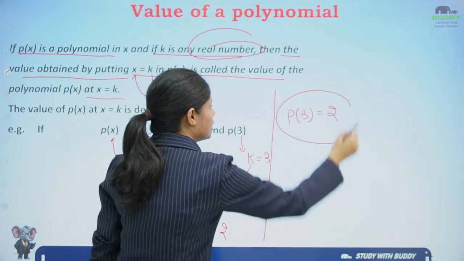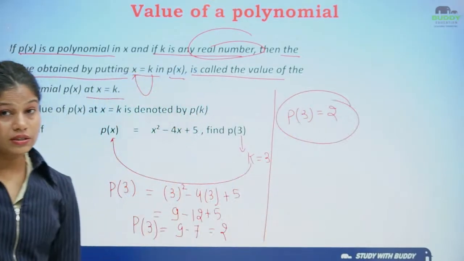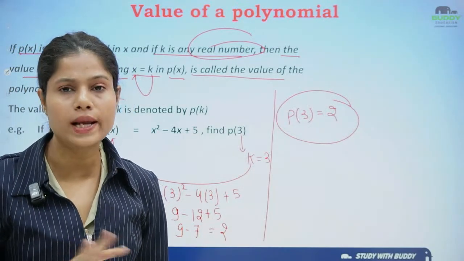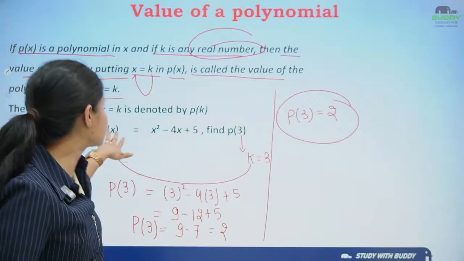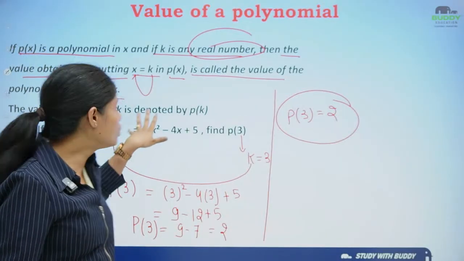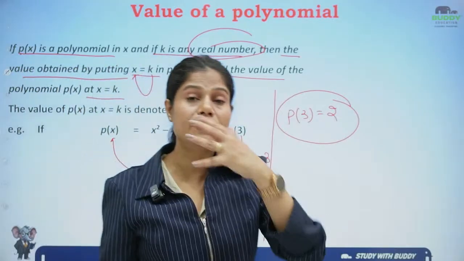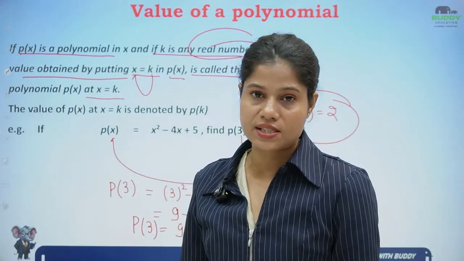So I hope whenever they ask you to find the value of a polynomial at any point, it is clear. Now this x can be any real number. You can find infinite values of this polynomial at infinite number of points.